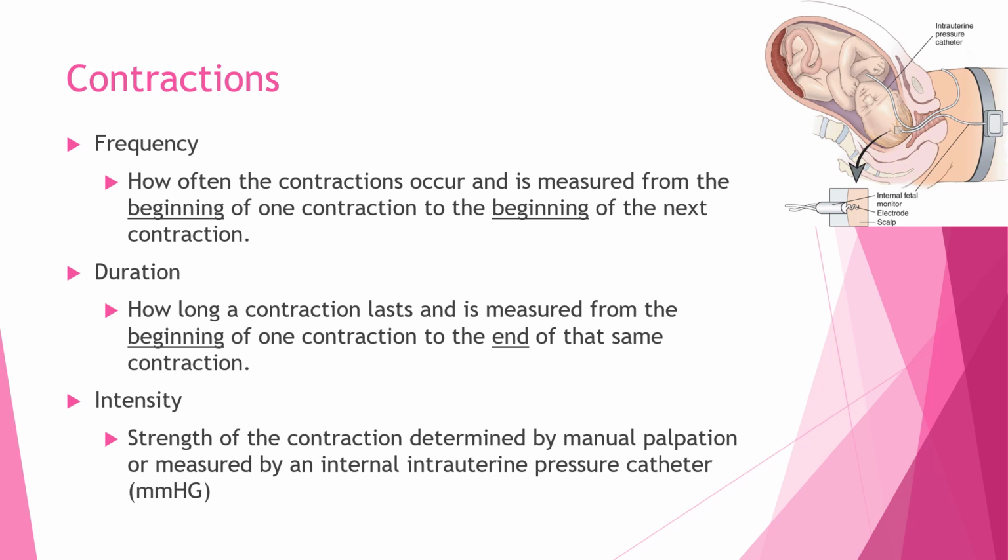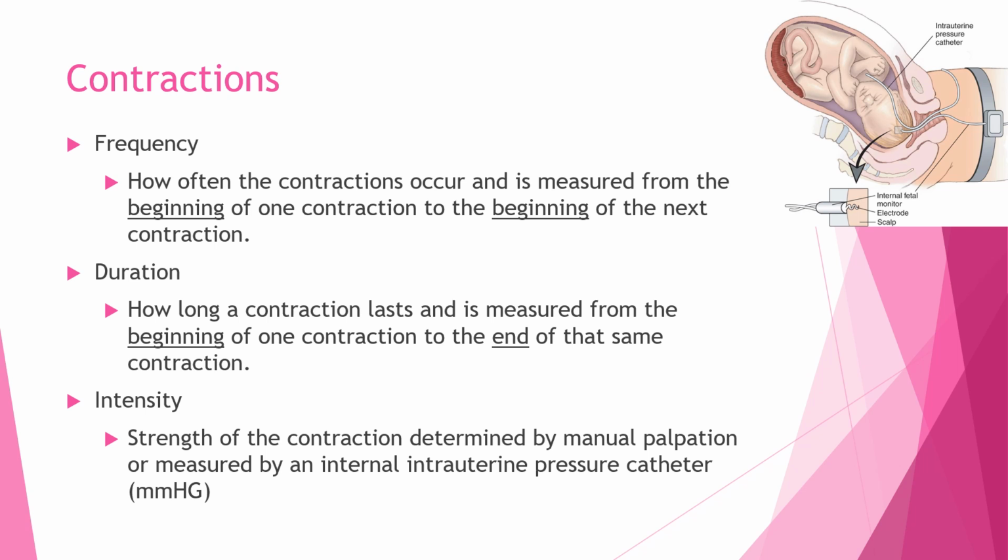Frequency refers to how often the contractions occur and is measured from the beginning of one contraction to the beginning of the next contraction. Duration refers to how long a contraction lasts and is measured from the beginning of one contraction to the end of that same contraction. So just how long that one contraction lasts.